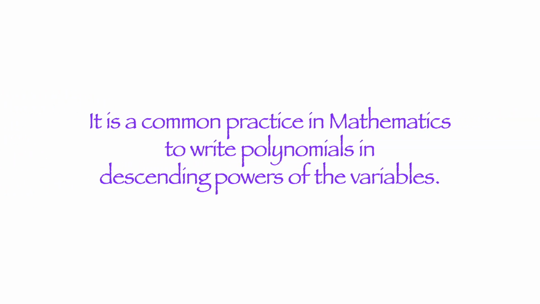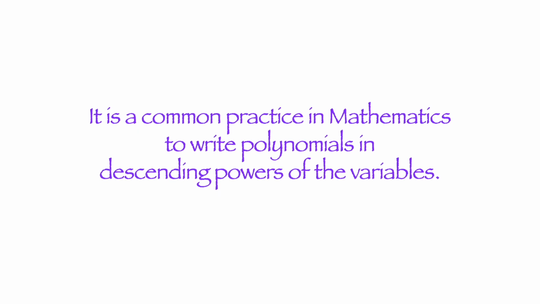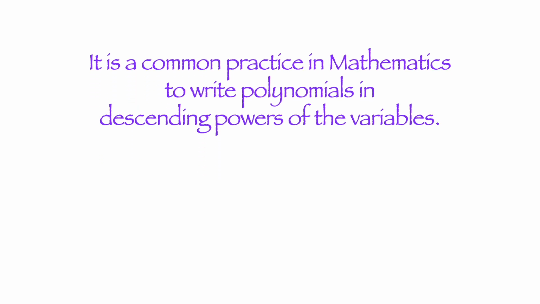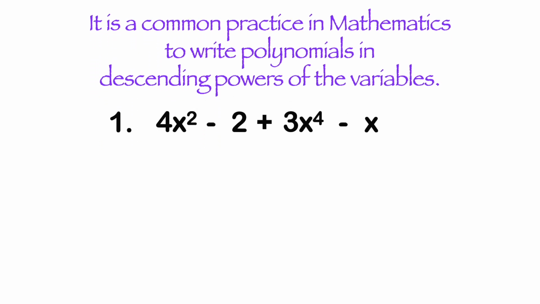It is a common practice in mathematics to write polynomials in descending powers of the variables. So, i-arrange natin ang terms ng polynomials in descending order. So, the first example, 4x squared minus 2 plus 3x to the fourth power minus x.